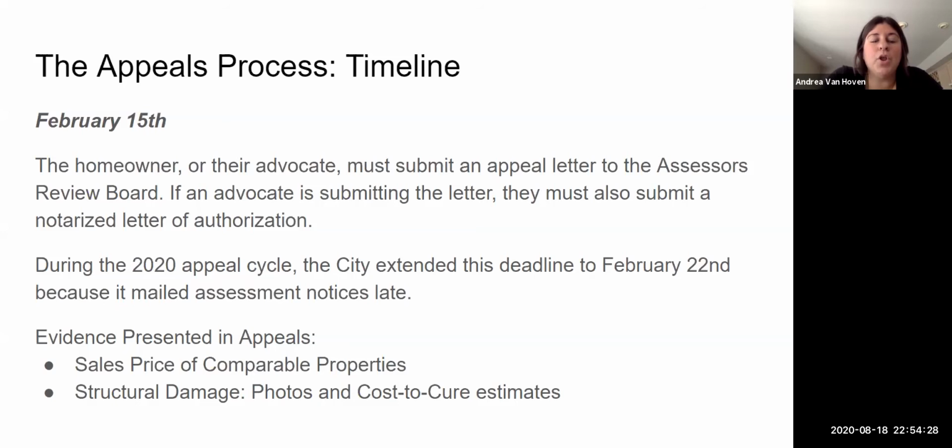So if you don't want to appeal by yourself, not that it's hard enough, and you have an advocate who can appeal for you, that's fine. But now we're going to add another layer. We're going to make sure that the advocate also submits this letter of authorization. Oh, and hold on, it has to be notarized. Well, that's tricky in and of itself.